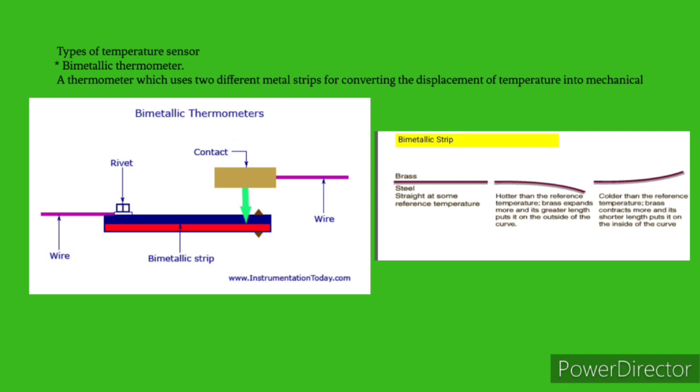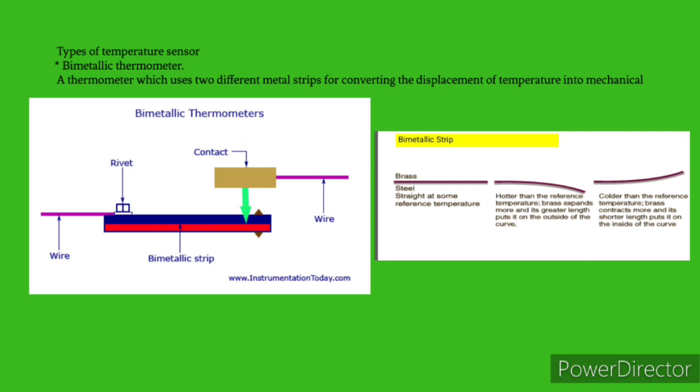Here you can see in the diagram that these two metals are connected with each other. Since these two metals have different rates of expansion and contraction, when they are subject to any change in temperature, they will either contract or expand depending upon their expansion and contraction rates.